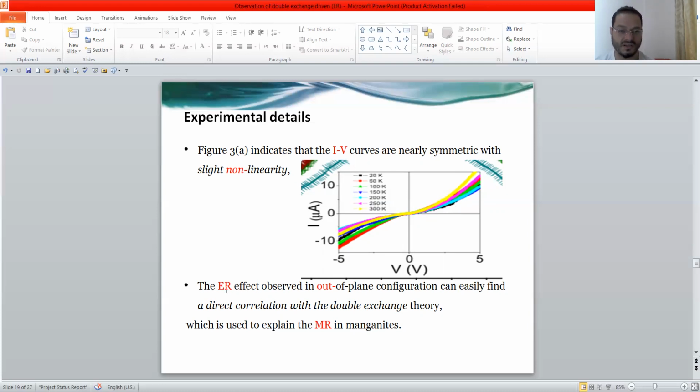The electric resistance effects observed in the out-of-plane configuration can easily find a direct correlation with double exchange theory, which is used to explain the magnetic resistance in manganites.